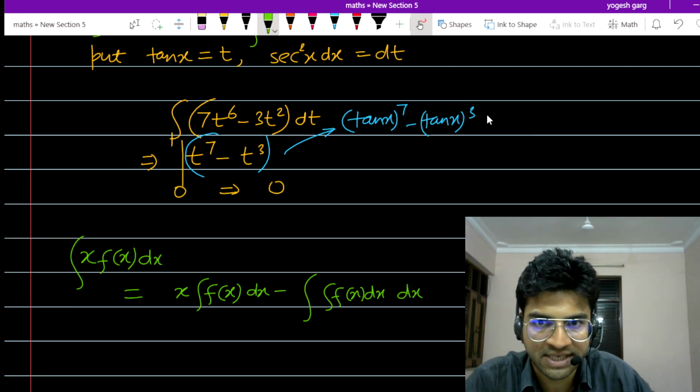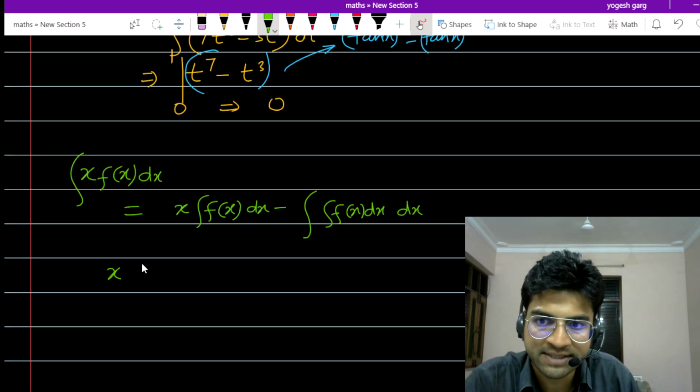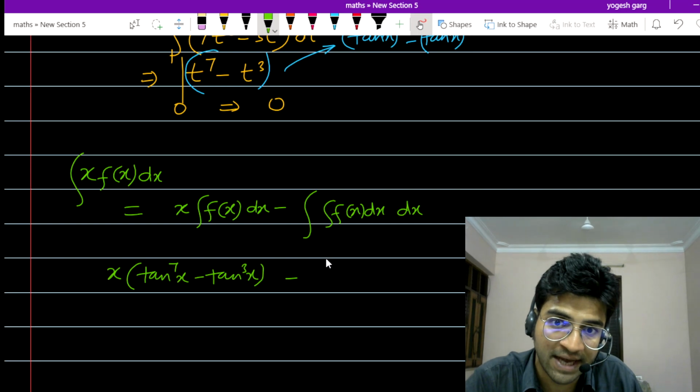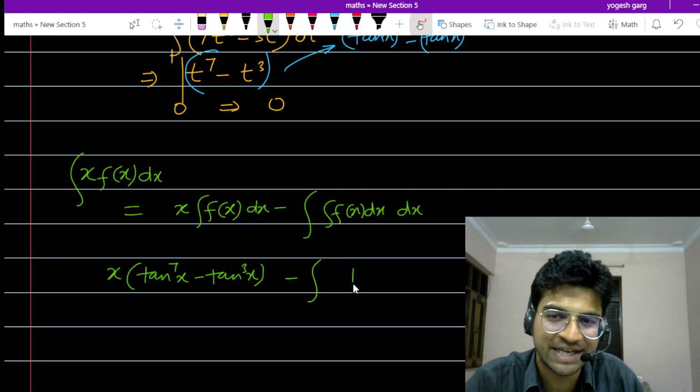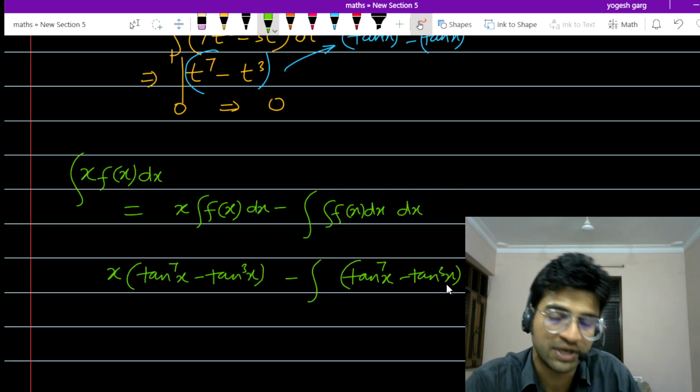So this expression will be x (tan^7 x - tan^3 x), minus the integral of tan^7 x - tan^3 x. Now this is a real issue: how to integrate this?